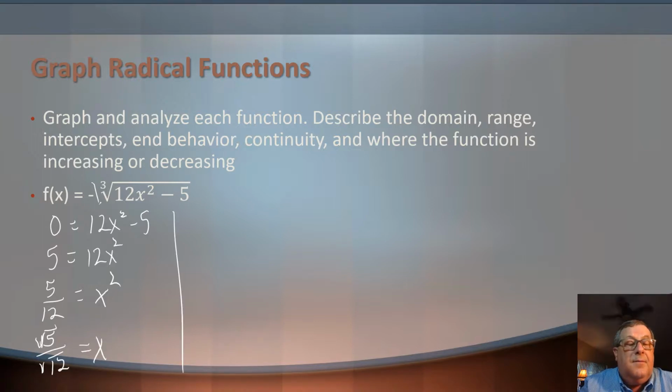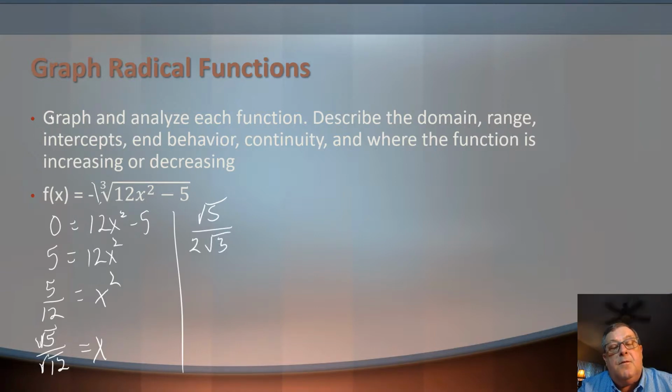Now I'm not going to stop there. Before I rationalize the denominator, I think I'm going to simplify the denominator, because the square root of 12 is the same as the square root of 4 times the square root of 3. And of course, the square root of 4 is 2. So then that would give me the square root of 5 over 2 times the square root of 3.